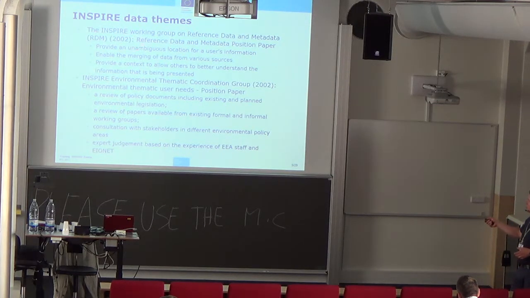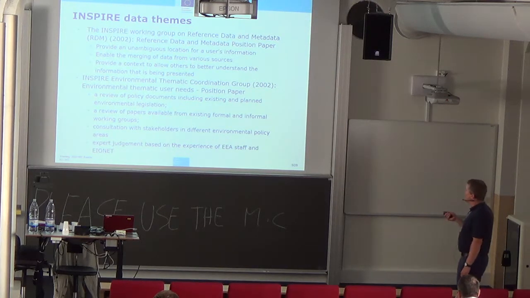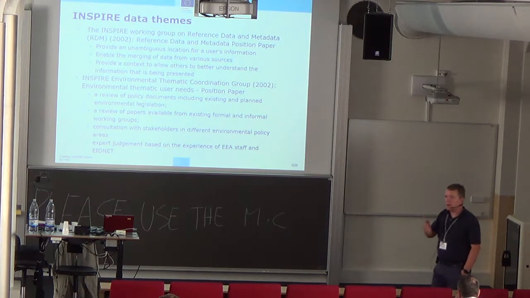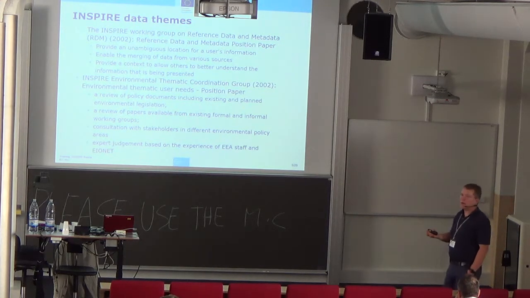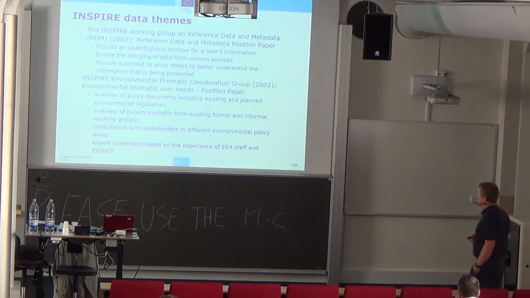There are two nice documents available in the Inspire library, which I showed you. The first is the Inspire Working Group on Reference Data and Metadata, Reference Data and Metadata Position paper. This paper gives an explanation for the reference data, why they chose these 9 themes in Annex 1, what the reason was, and what the purpose of these themes in Annex 1 is.